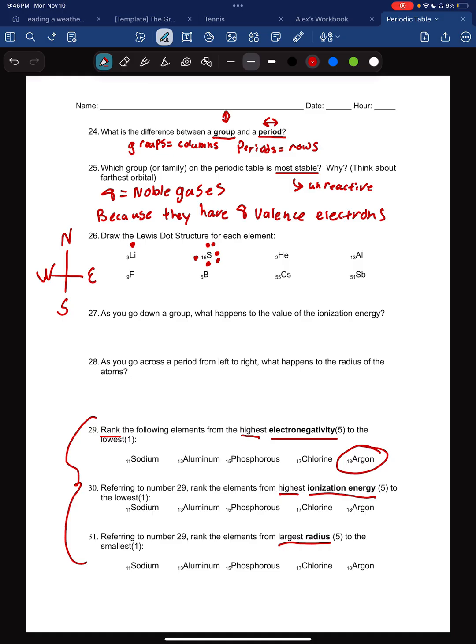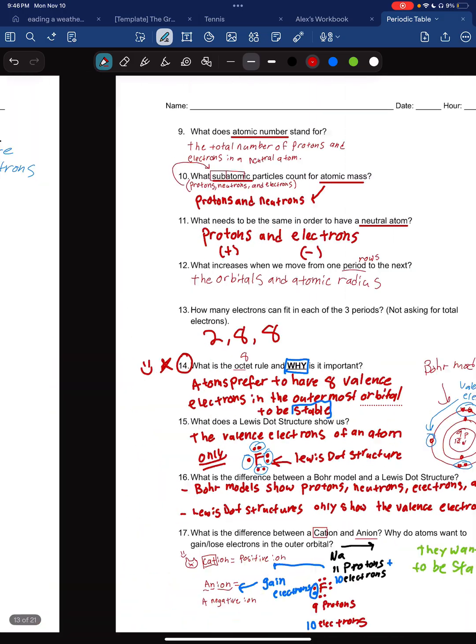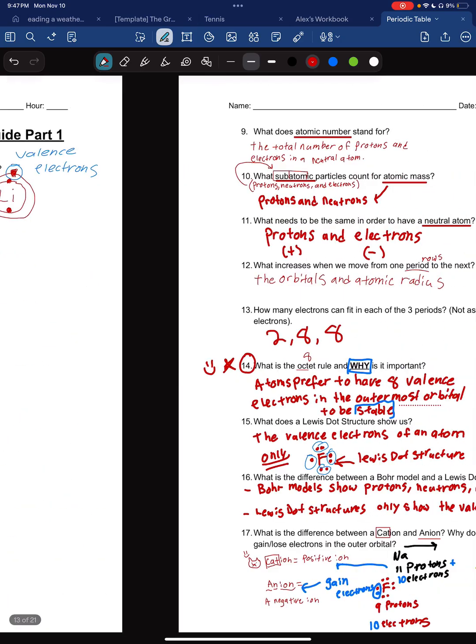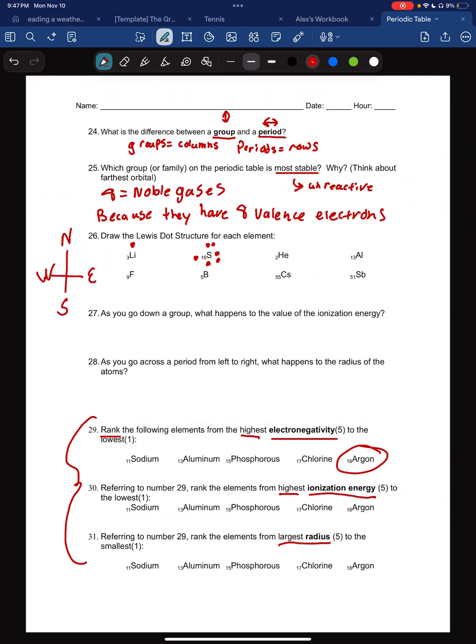Now, fluorine is number 9. So fluorine is here, and it's going to be very similar to sulfur, okay? Just like we said, fluorine is going to be in the group here of 7. So it's going to have 7 valence electrons. So we're going to go 1, 2, 3, 4. Okay, then we're going to go around again for 5, 6, and 7. Okay.